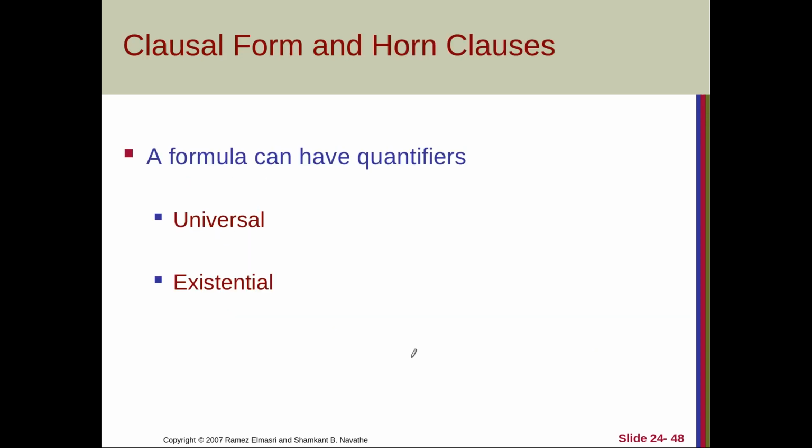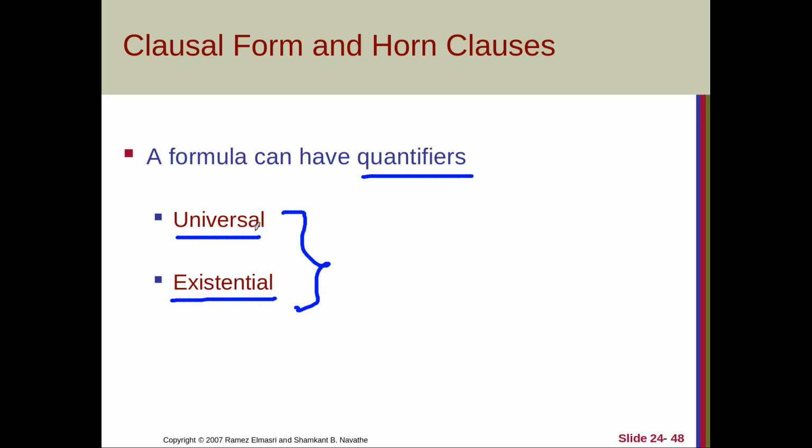Now we will look into the clausal form and Horn clauses, which are followed in Prolog or Datalog. Before moving into that, a formula can have quantifiers like the universal quantifier and the existential quantifier. You might be familiar with these two terms.